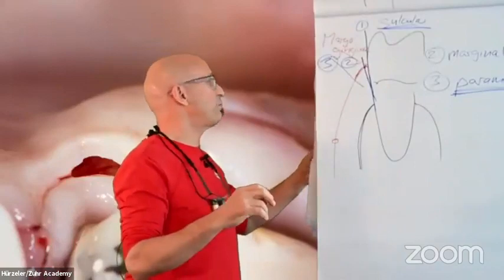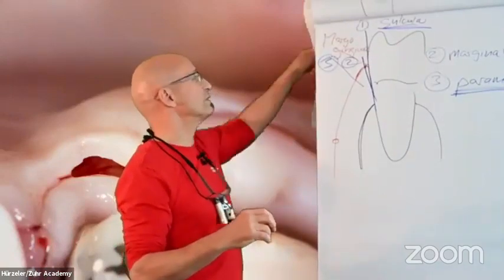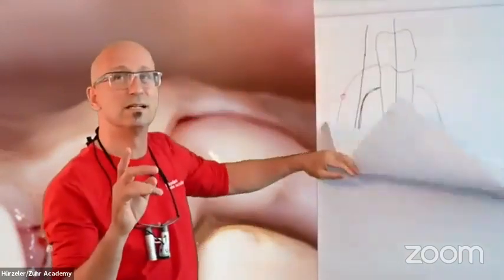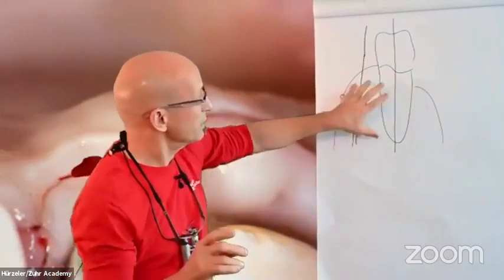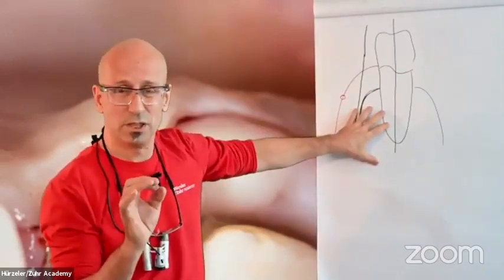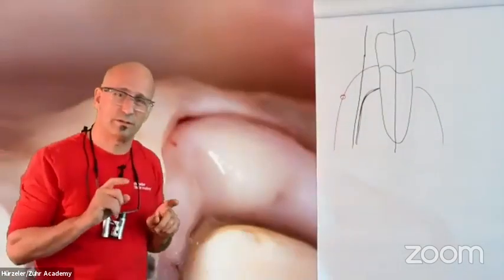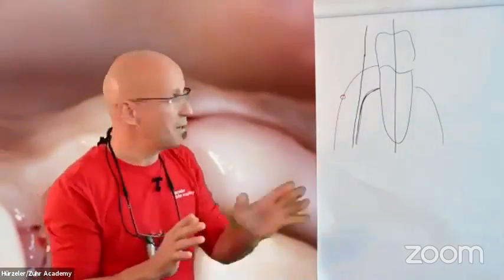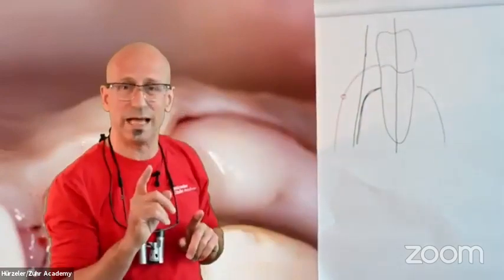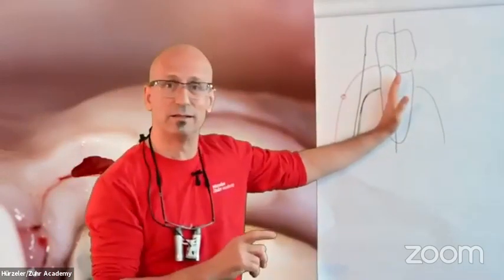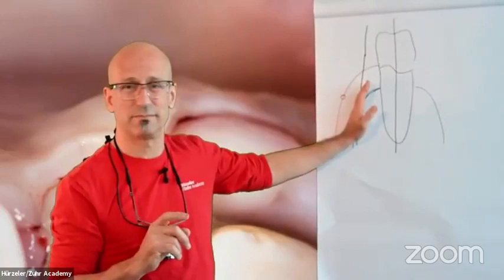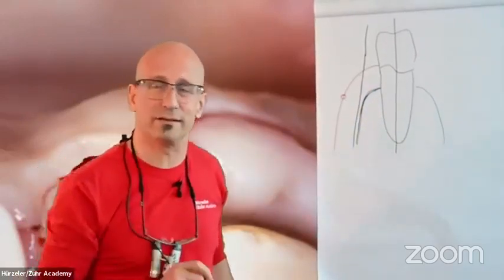Now let me go back in a second to the last diagram, where I shared with you the problems you create the moment you cut paramarginal and parallel to the tooth axis. Let's think together.